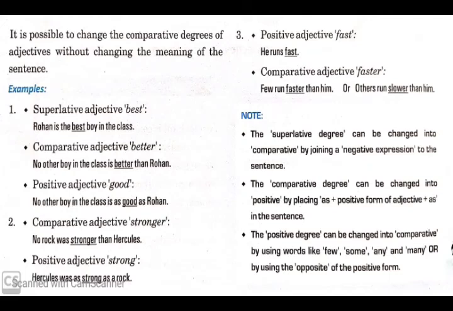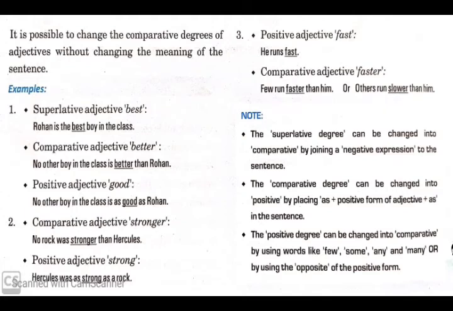So students, since you have learned so much about adjectives and forms of adjectives, you must also know how to interchange the degrees of comparison, means how to change from superlative to comparative degree or from comparative to positive degree and vice versa.